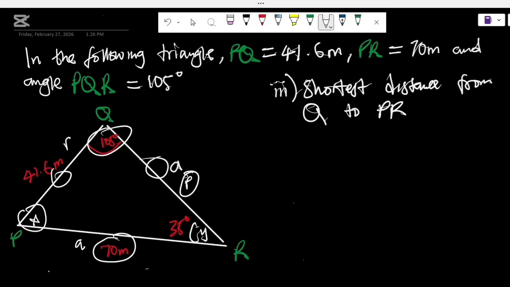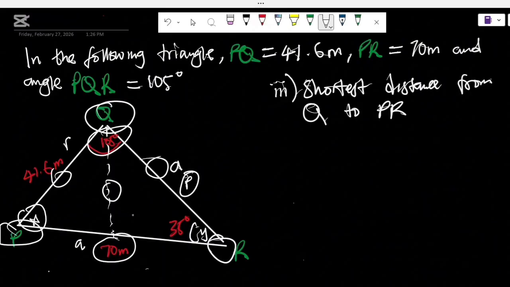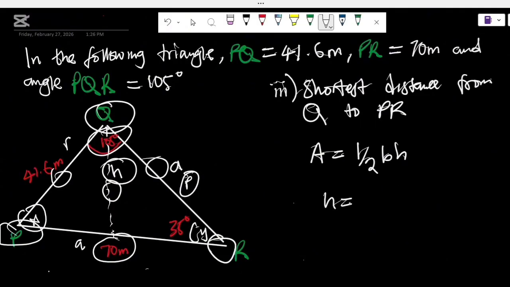So in this case, this is the shortest distance from Q to PR. Again, this distance is actually defining the entire area of this triangle, which means that we need to use the area of the triangle to actually find the shortest distance. So in this case, again, the area of the triangle is half BH. And here, this is the H. So we're trying to find this particular H. And so H is equal to 2 area over base.